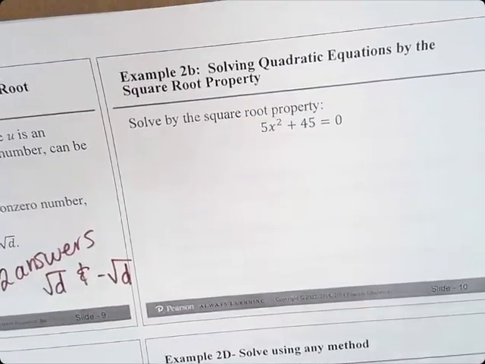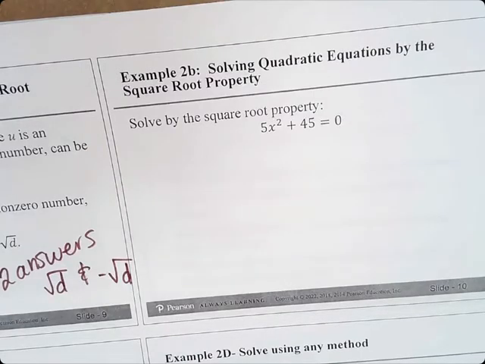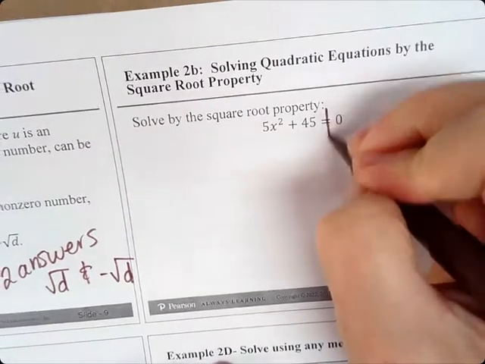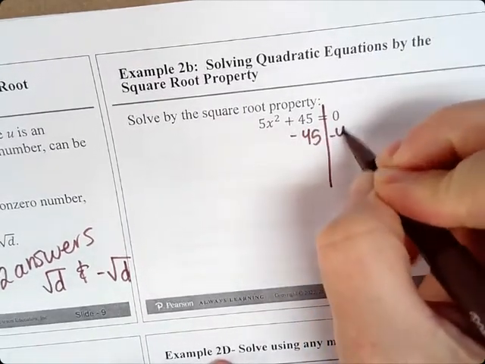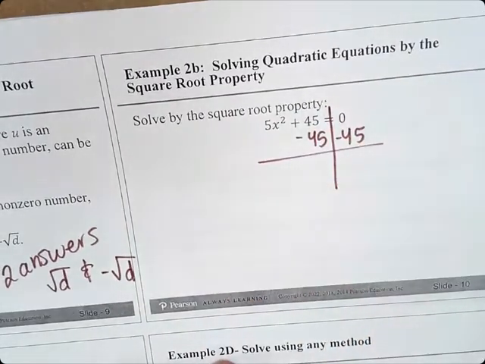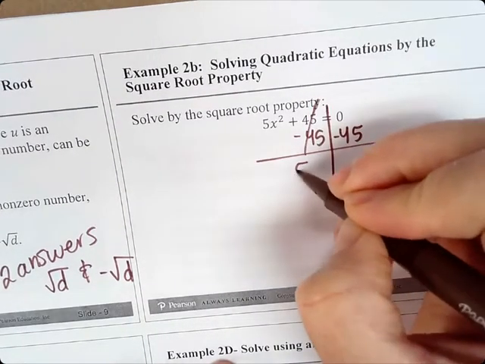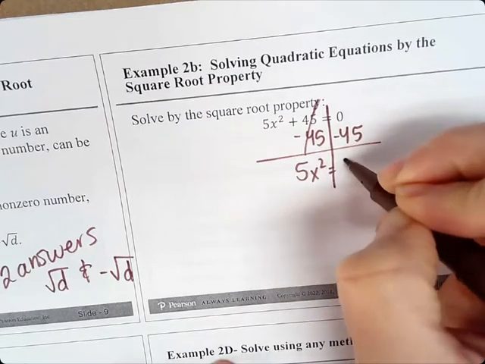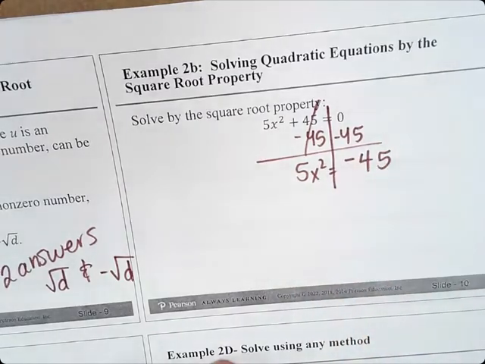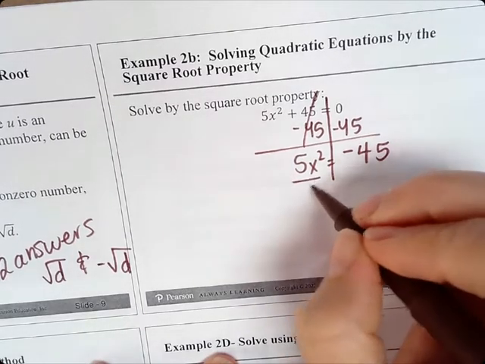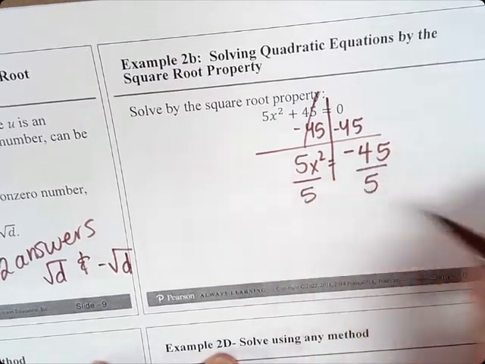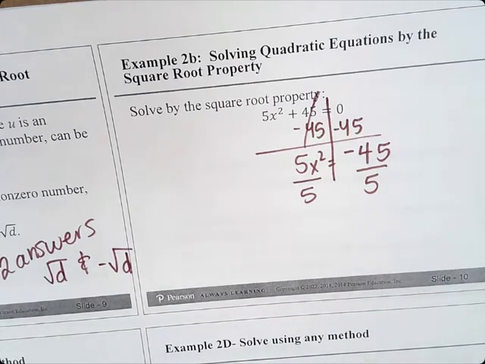Okay, so let's look at 5x squared plus 45 equals 0. We need to solve it. So we would need to subtract 45 on both sides. You get 5x squared equals negative 45. Then we would need to divide by 5. We're getting all the way down until we can get to a square where we can take the square root.